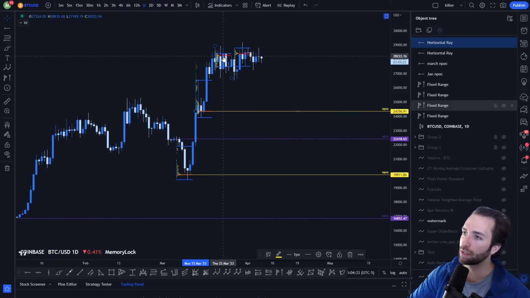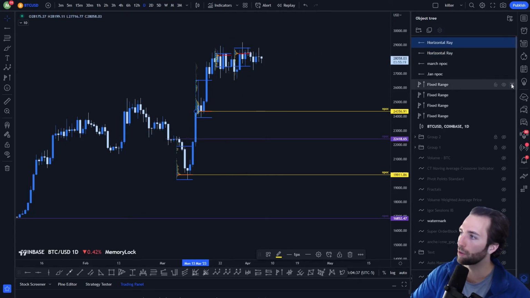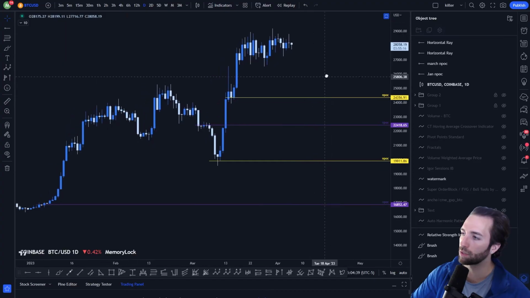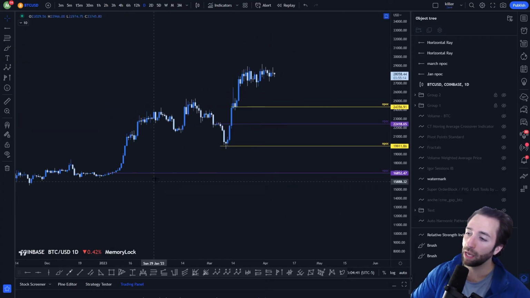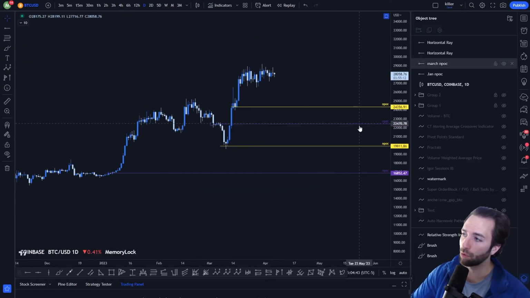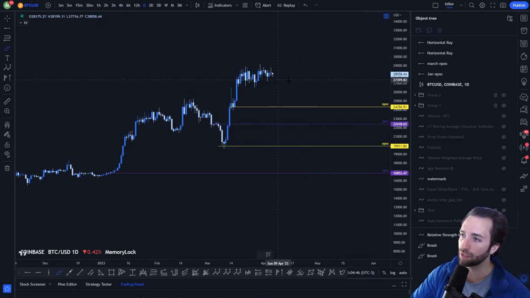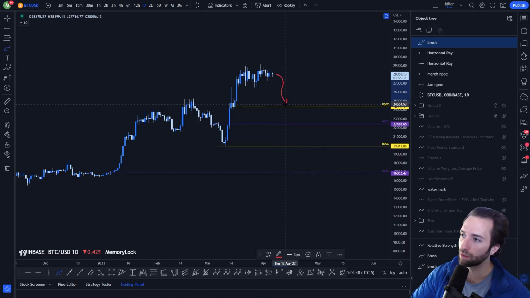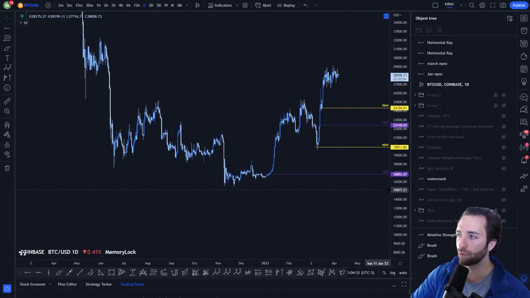So we can see here these two are not naked point of controls. These are both tapped. So we'll get rid of all of these, and we can see that we do have a handful of naked point of controls that could act as resistance in the event of a move down. Now keep in mind these are best used with sources of confluence.